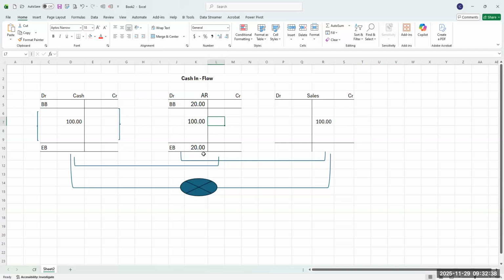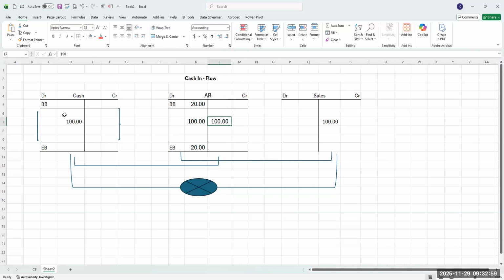How much has to go out and move to cash in order for the beginning balance to be 20 and the ending balance to be 20? 100. So how much cash did I collect? 100.